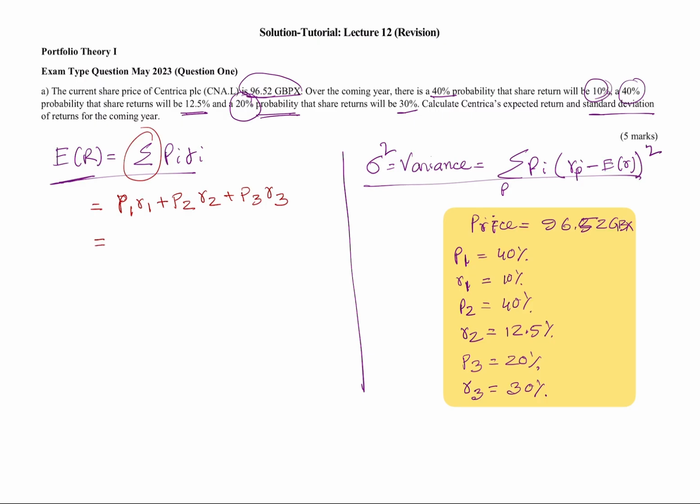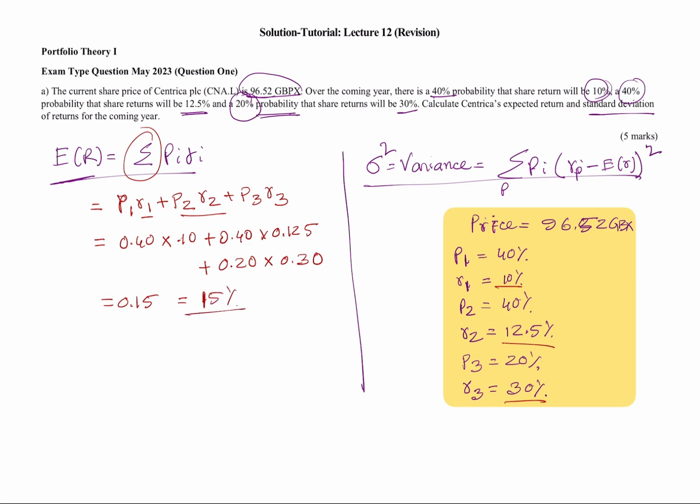We've got P1, which is 40%, so 0.40, multiplied by R1, 10%, 0.10, plus P2, 0.40, multiplied by 12.5%, so 0.125, plus P3, 0.20, multiplied by 30%, 0.30. If we do the math, we get 0.15, which is 15%. So that's our expected return.